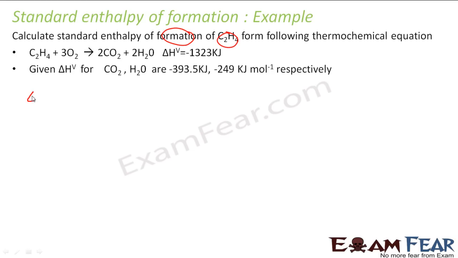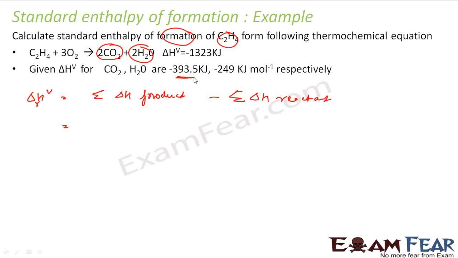So if you see, delta H standard for this reaction is nothing but the sum of delta H for products minus the sum of delta H for reactants. Correct? So for products I have carbon dioxide and water. For carbon dioxide the value is minus 393.5 and there are 2 moles of CO2.